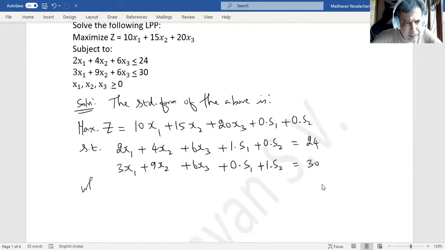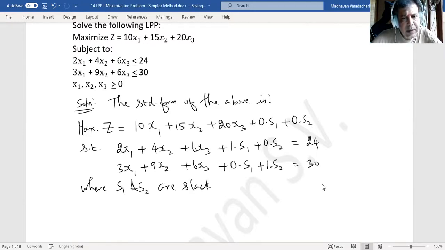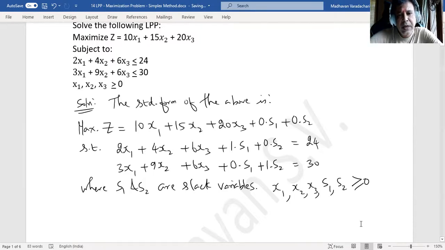Here s1 and s2 are slack variables. And also we will now write the non-negativity restrictions: x1, x2, x3, even s1, s2, all are non-negative. We saw in the previous video that slack variables are also non-negative.